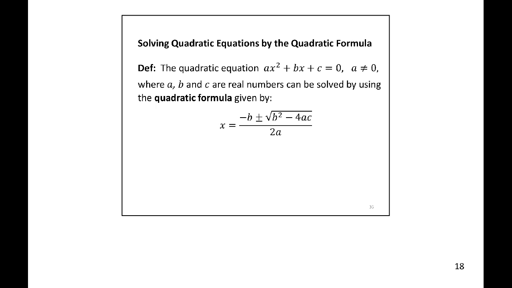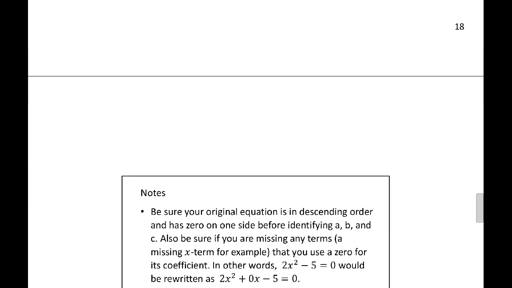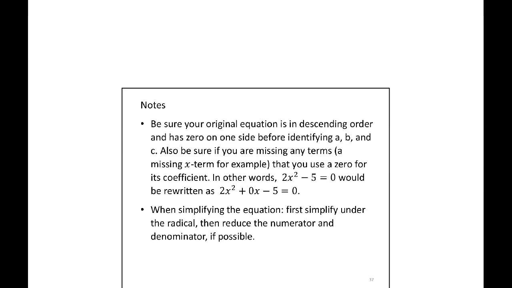So a few notes that we need to recognize are we need our equation to be in standard form, with a constant term over here on the right-hand side of 0. That's our first note. We have to do that before we can identify what a, b, and c are.